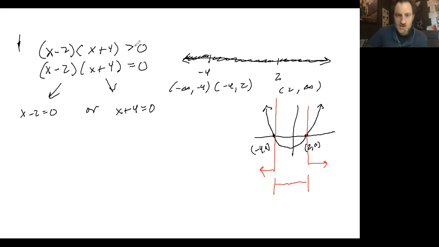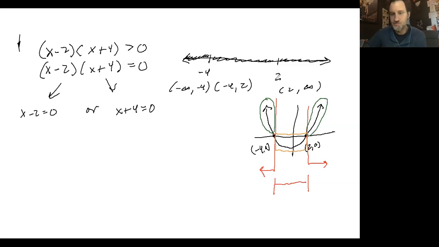So when I want the result of this times this to be greater than 0, I'm talking about these branches up here. This branch is where the result is greater than 0, and this branch is where it's greater than 0. The only place where it's less than 0 is in the middle from here to here. Okay?